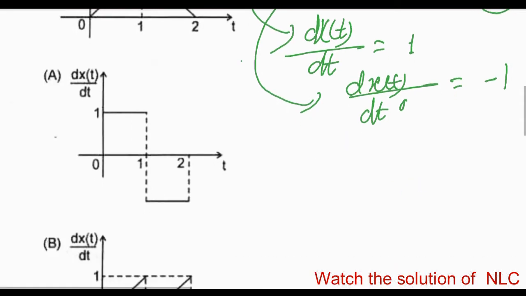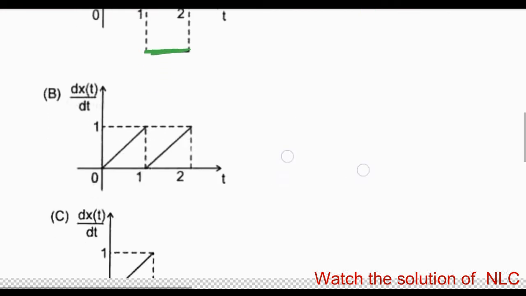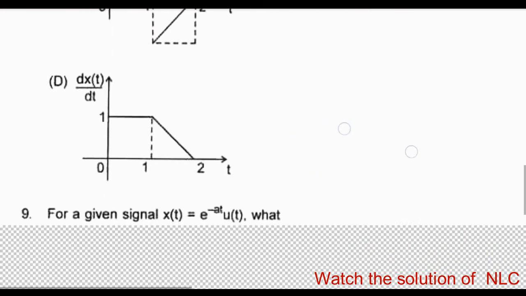So the answer is option A. For this part from 0 to 1 it is 1, from 1 to 2 it is minus 1. All the rest of the options are incorrect.